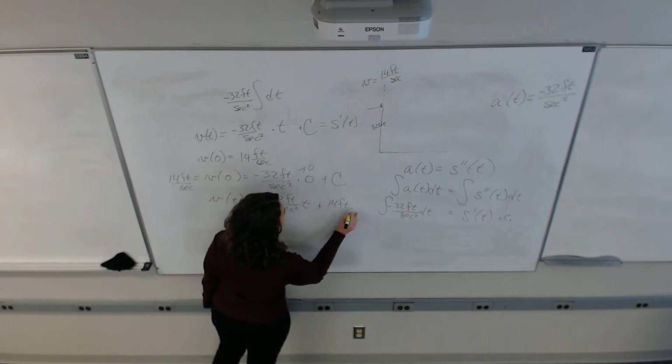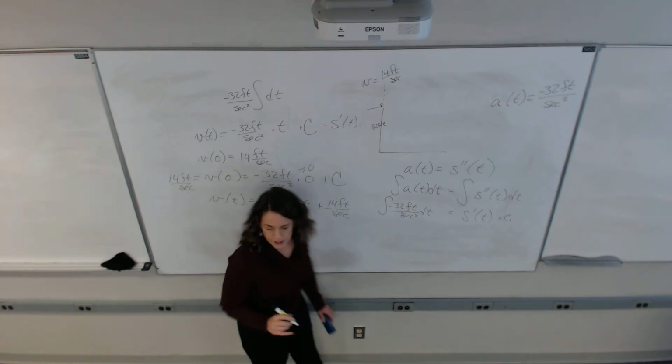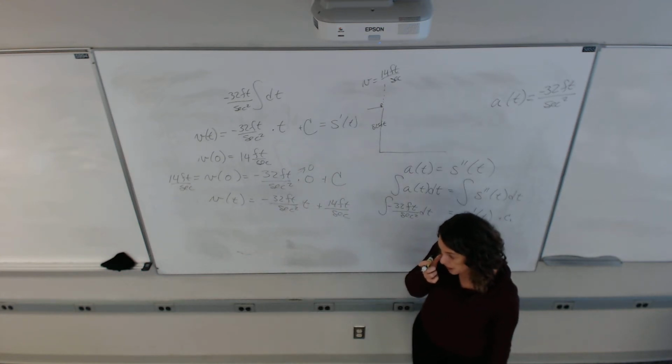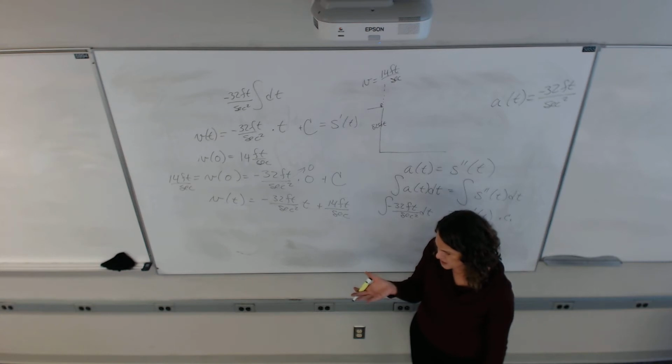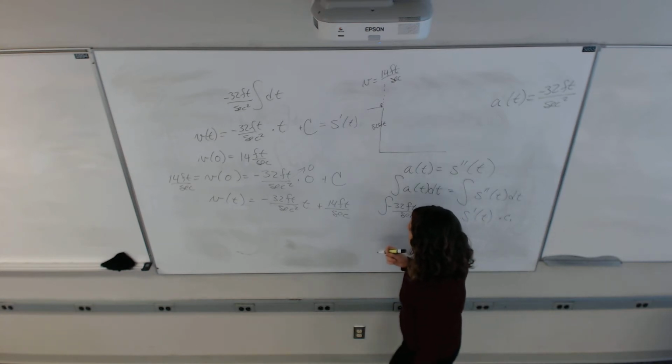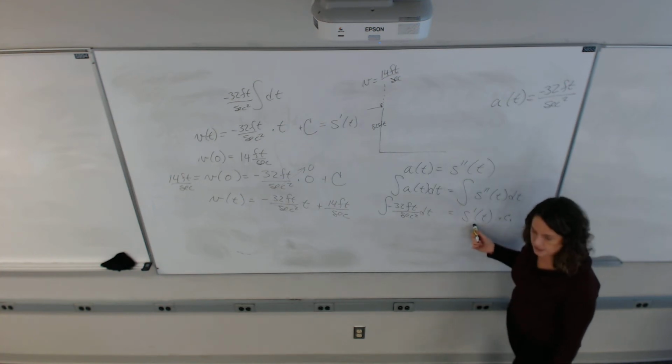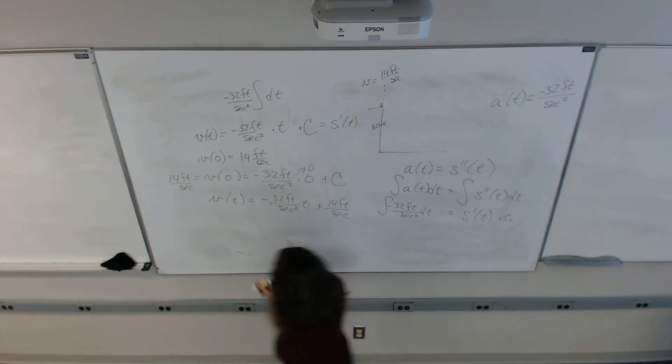So now I have v of t is negative 32 feet per second squared t plus 14 feet per second. What am I trying to find again? Position. I want to know where the rock is after 2 seconds. So I need to integrate again, because velocity is the first derivative.